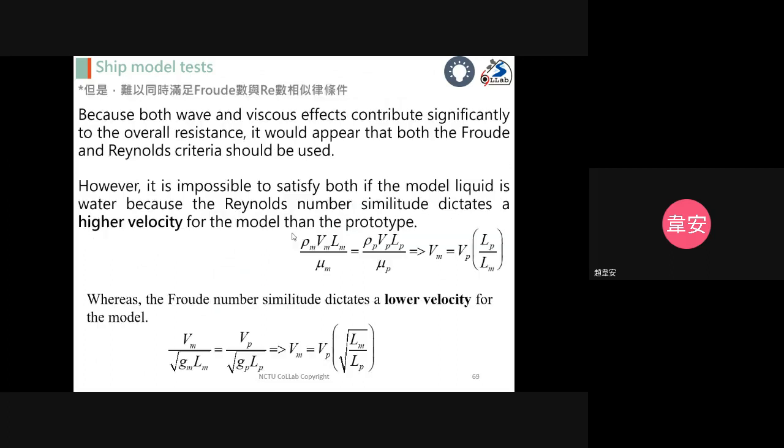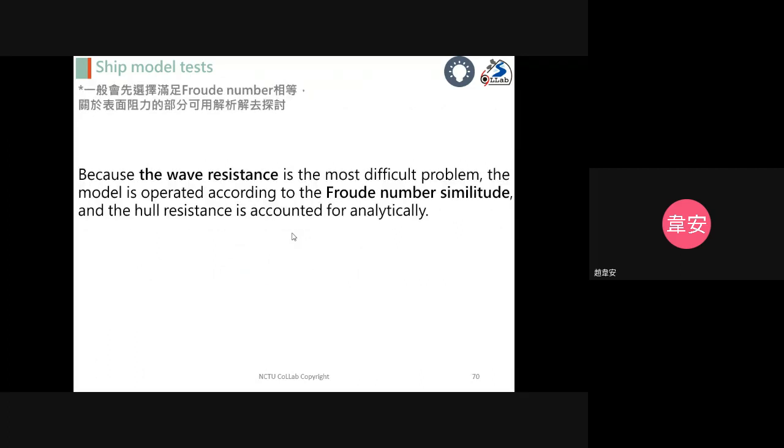As I mentioned before, we cannot satisfy the dynamic similitude for the Froude number and the Reynolds number at the same time. However, we usually satisfy the dynamic similitude for the Froude number, because the wave resistance is the most difficult problem.